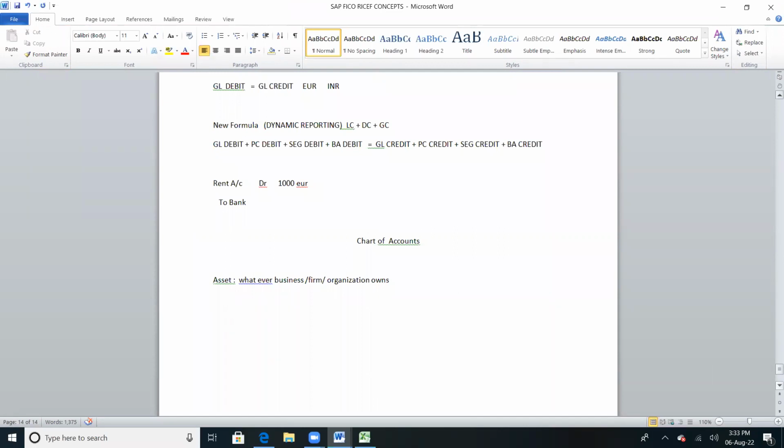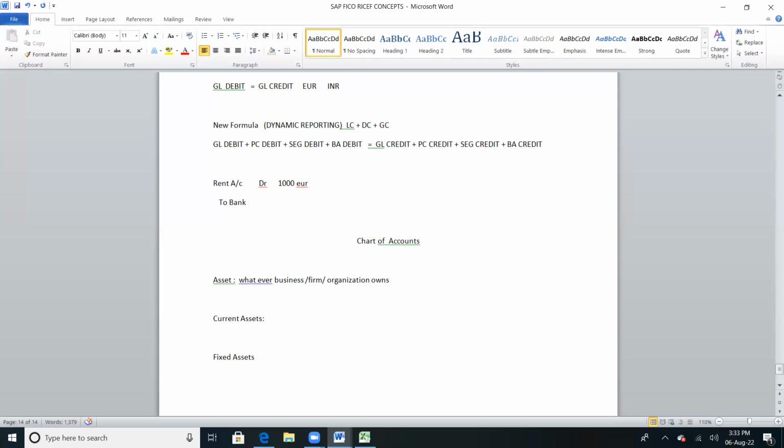First one, current assets, and the next one, fixed assets. We have investments, one more asset, which I'll tell you later. Owner capital is nothing but investment, other investments are outside of owner capital. First, write down current assets.